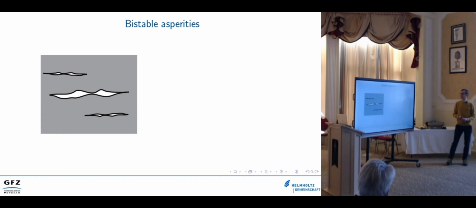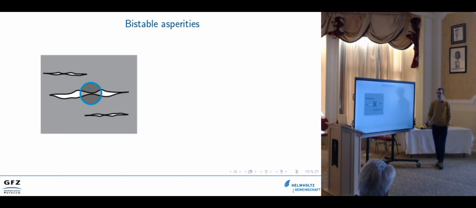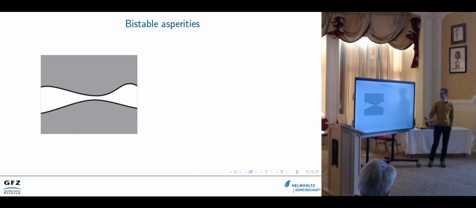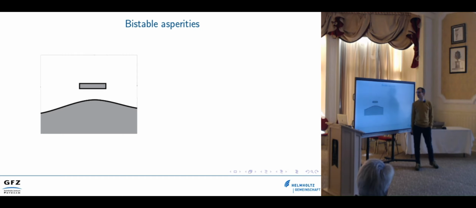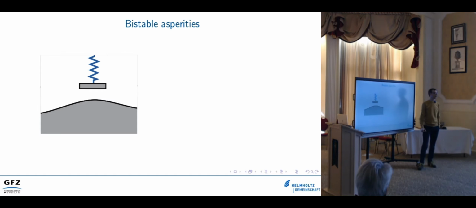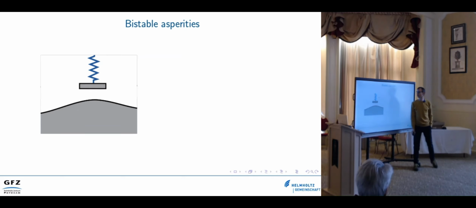So when we look a bit closer at this point where the two surfaces of this contact barely touch, we can simplify that contact to make a rather understandable model out of it. So we have the two surfaces, and one of the surfaces is basically suspended by a spring, which is the elasticity of the surrounding material that basically holds these two surfaces in place.